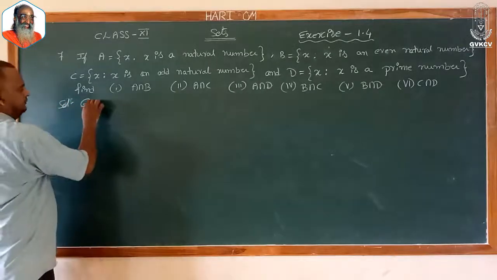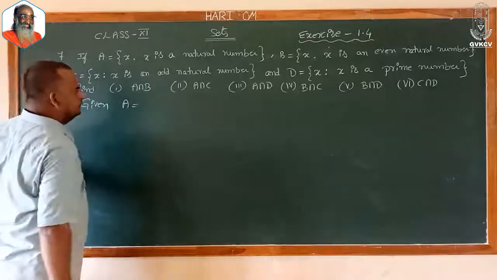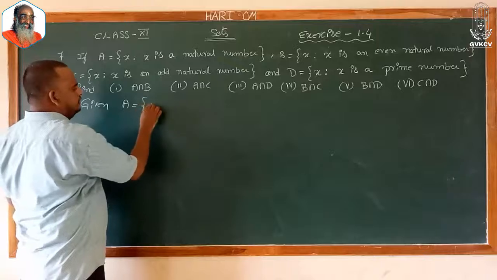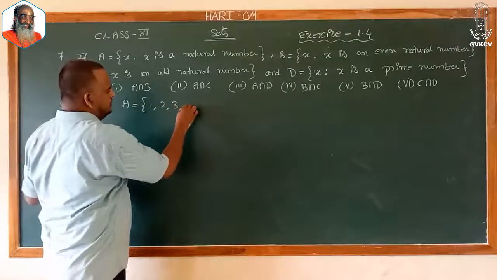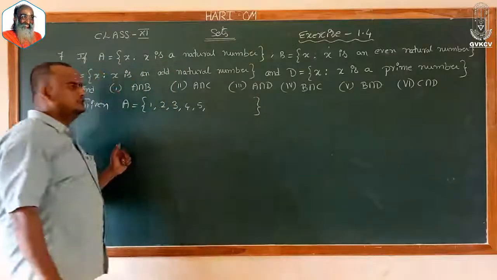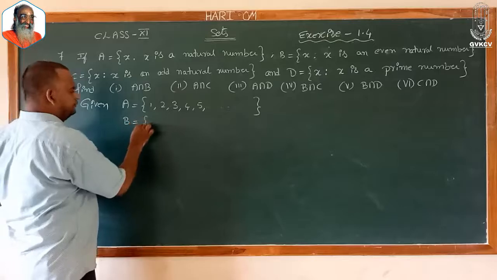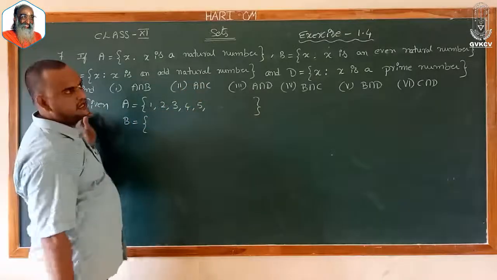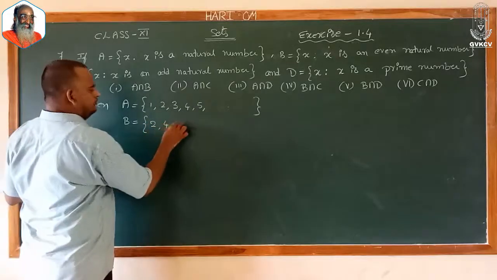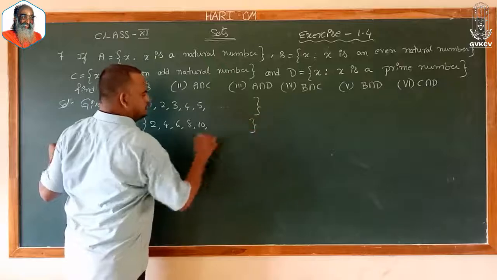Solution. What is given? A is equal to x such that x is a natural number. What are the natural numbers we have? 1, 2, 3, 4, 5, 6 and so on. Next, B is equal to x such that x is an even natural number. What are the even numbers we have? 2, 4, 6, 8, 10 and so on.